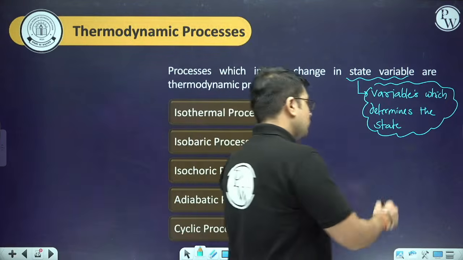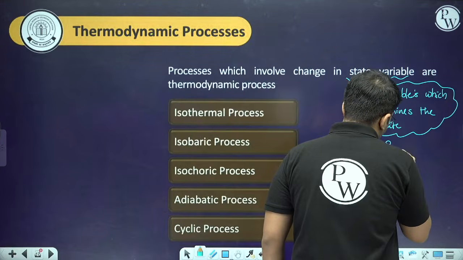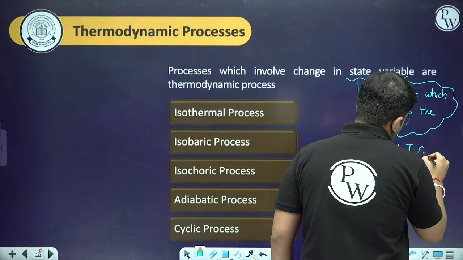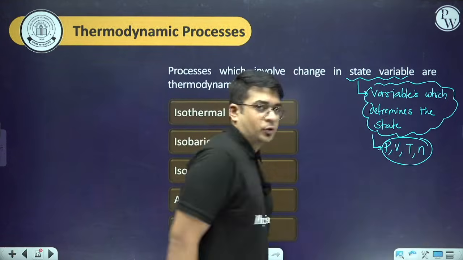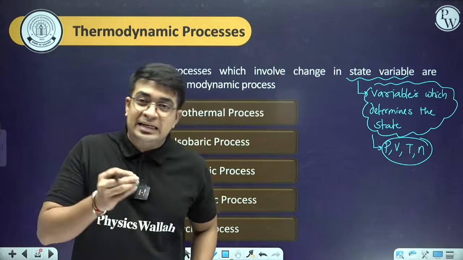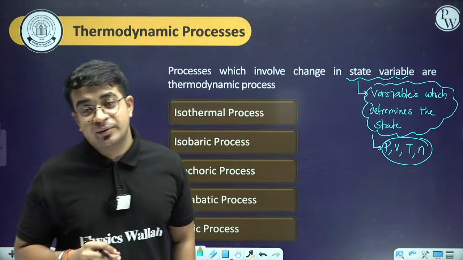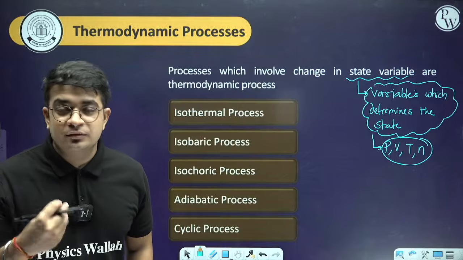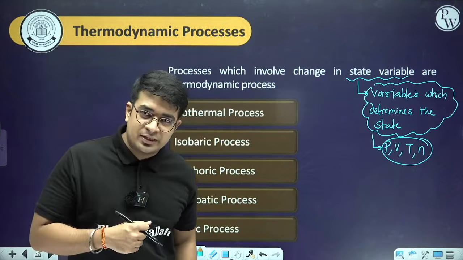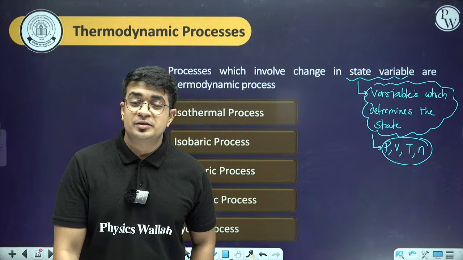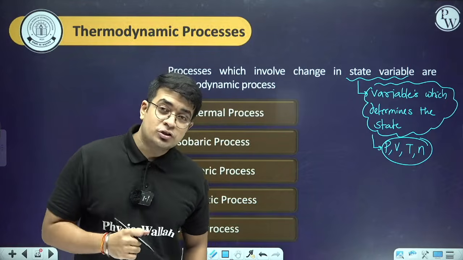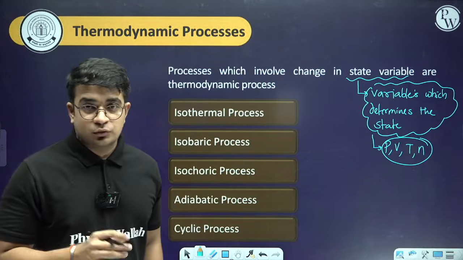And generally this is basically your pressure, volume, temperature and amount of substance. Because now you have a keen idea about the gaseous state, you know about the change of pressure, change of temperature, change of volume as well as change of amount of substance, and each part corresponds to a specific type of process. Just remember Boyle's law, Charles' law, Gay-Lussac's law, so that you can correlate with that part.